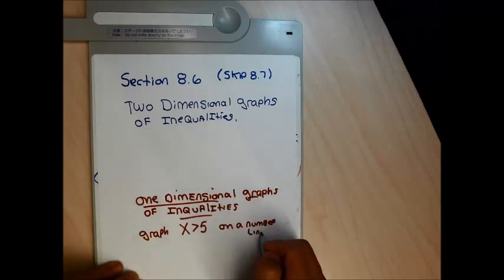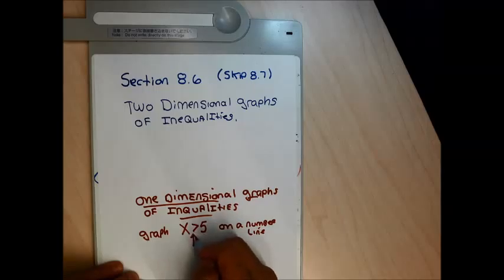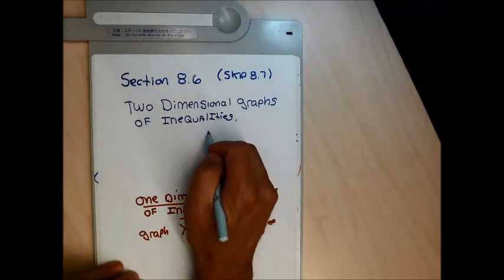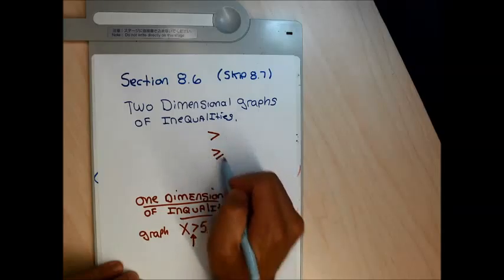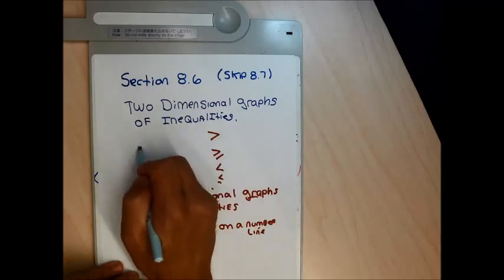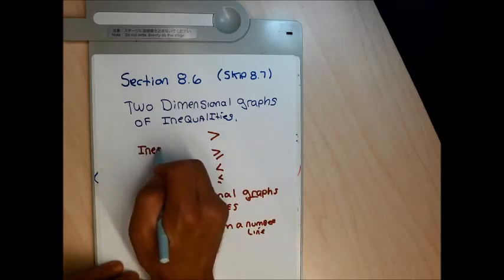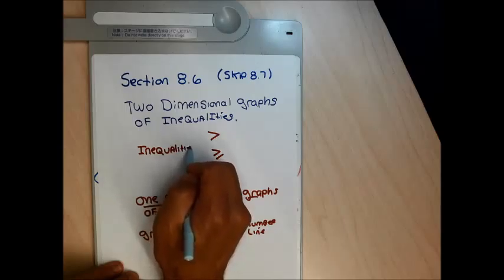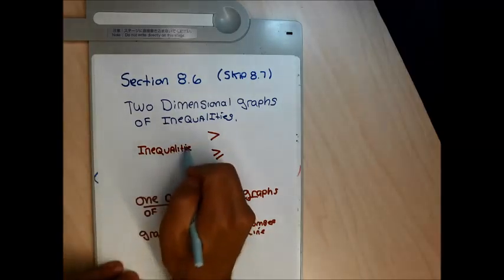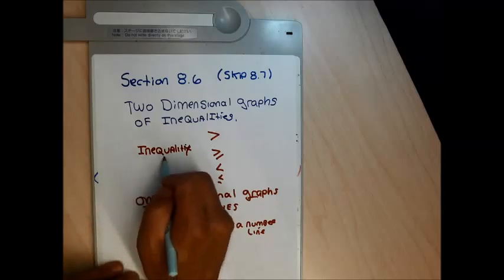The reason it's an inequality is because that sign is an inequality sign. Inequality signs are greater than or equal to, less than or equal to. These are all considered inequality symbols. They're not equal signs.